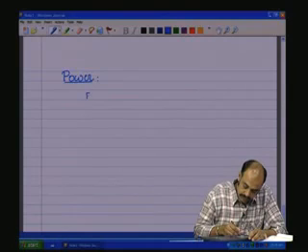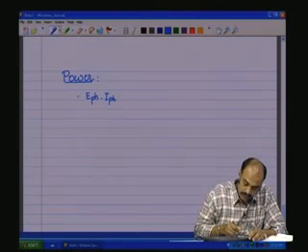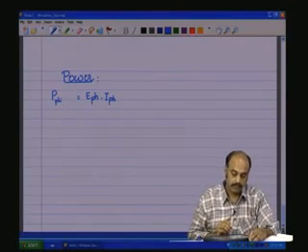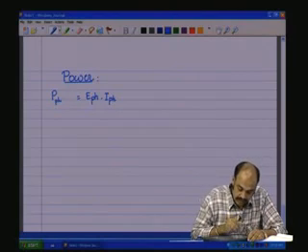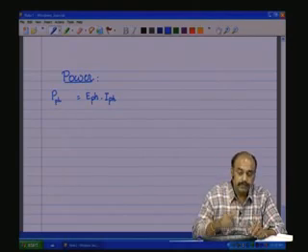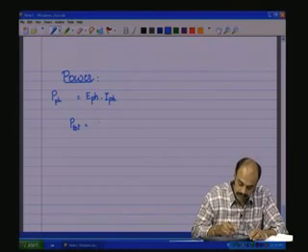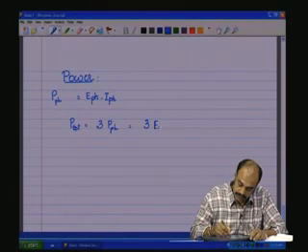So, E phase into I phase will be the power per phase. However, there are 3 phases, and therefore, the power of all the 3 phases get added up, and therefore, the total power P total will be 3 times the phase powers, which is equal to 3 into E phase I phase.